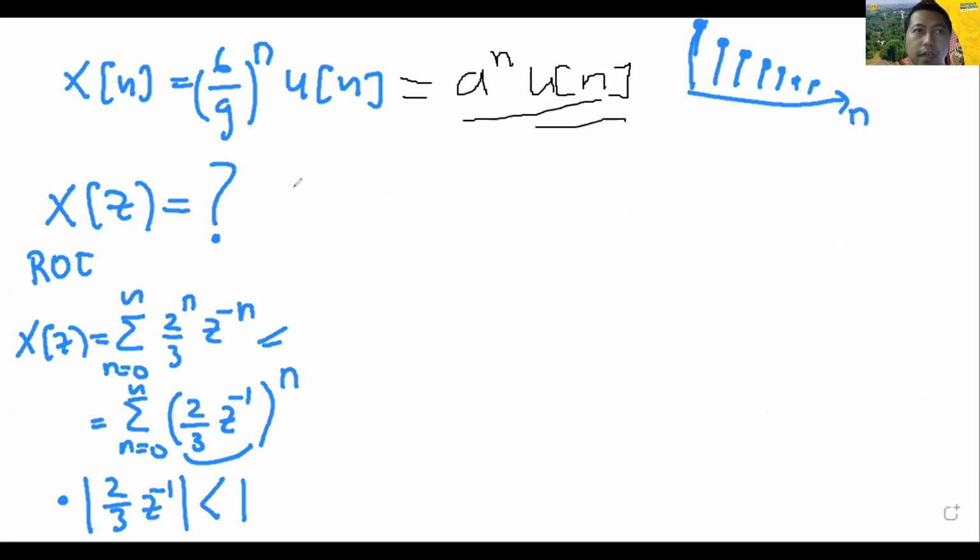Okay, and then we can see that 2/3 and |z| less than 1, and then it is similar to this one.